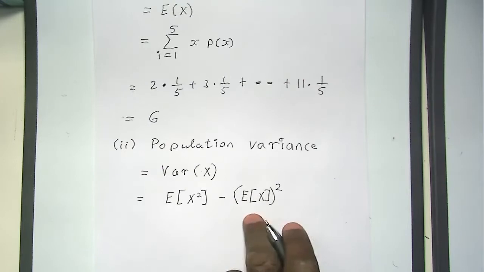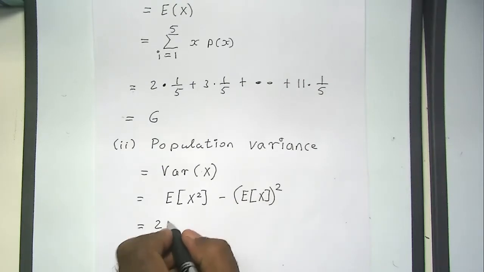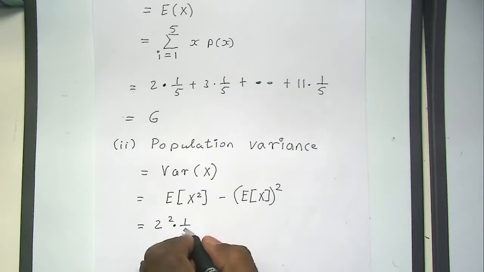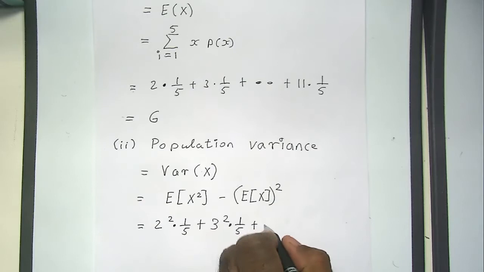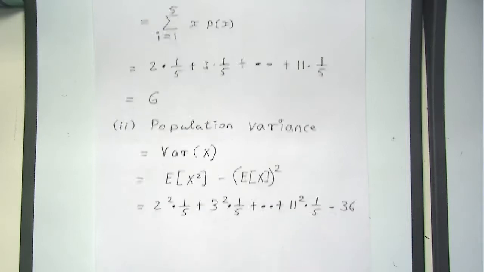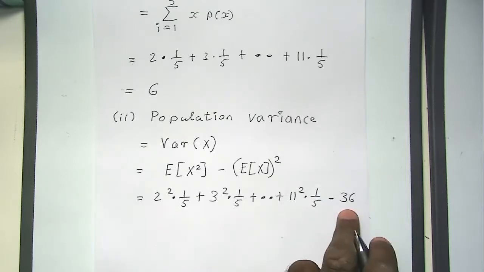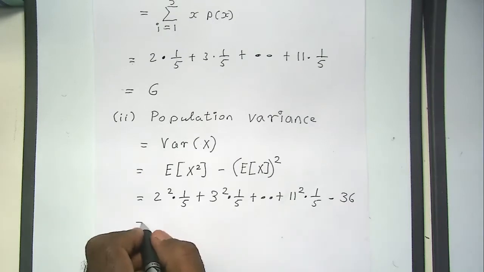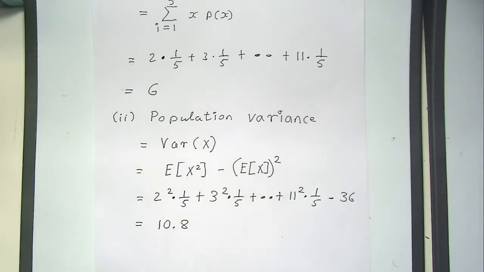We already know this guy, which is 6. So this is the expectation of x squared minus 36, because the expectation of x is 6. If you work this out, you will get the answer 10.8 if I'm correct.